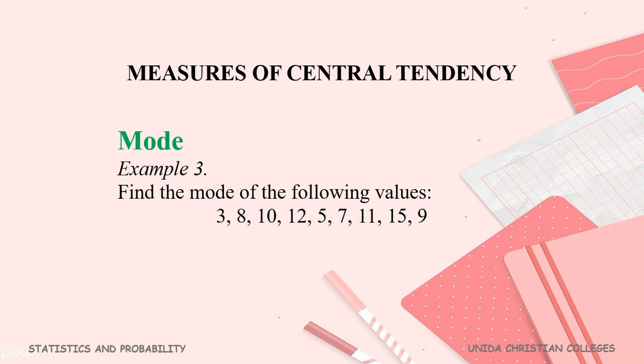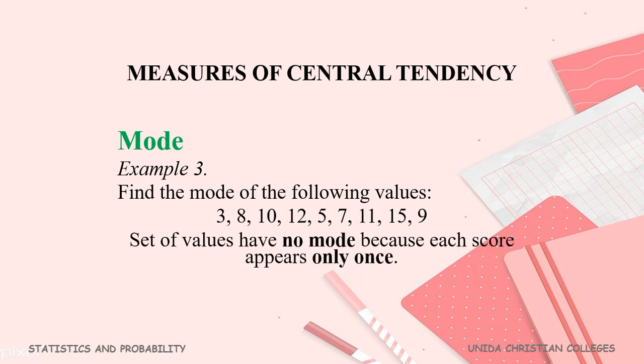So, since walang magkakapareho, therefore, set of values have no mode because each score appears only once. Anong type ng mode? No mode. Kasi wala namang nag-occur most frequently. Lahat sila ay magkakaiba-iba or unique. So, that is a no mode.